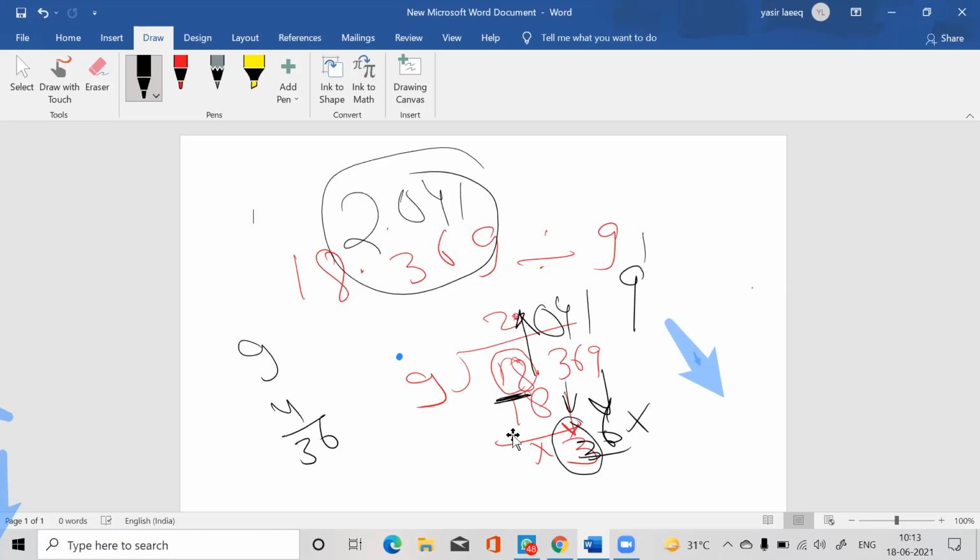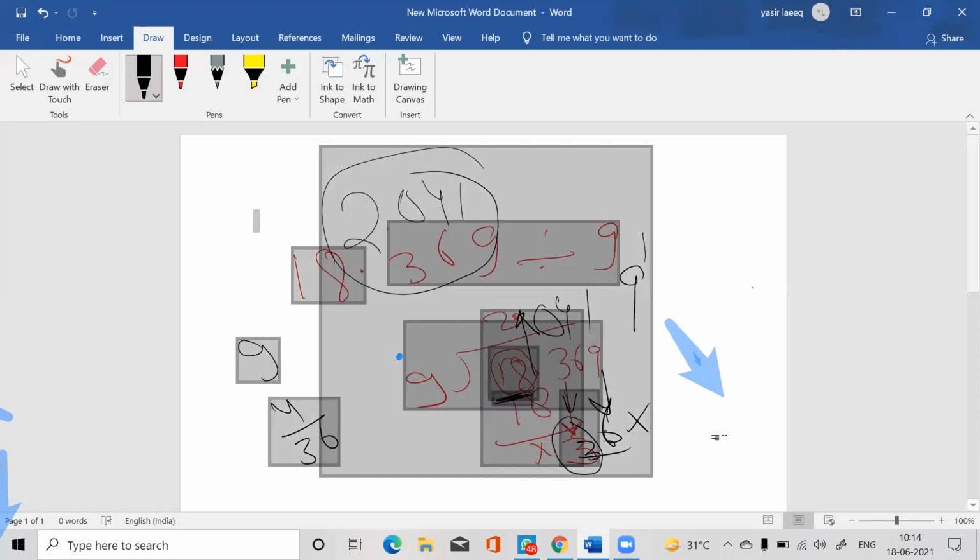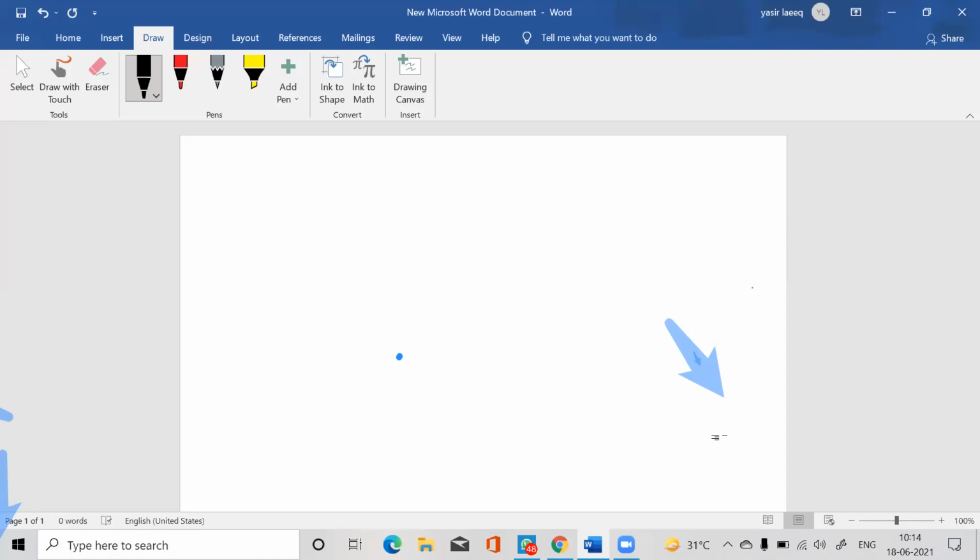If the remainder is 0, then the division is completed. If the remainder is not 0, then put 0 to the right of the remainder and continue the division till we get 0 as a remainder. So listen to me, what you have to do in your assignment.